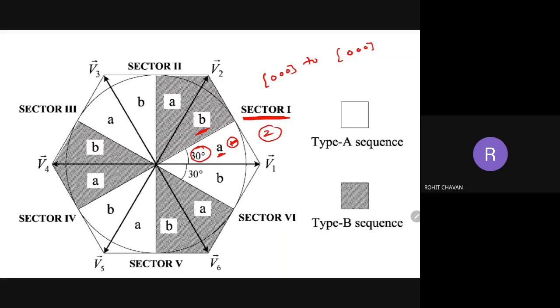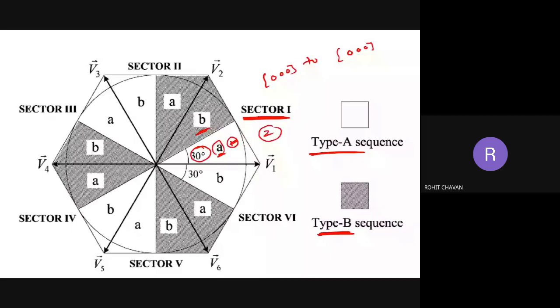In the first part, that is A, when it is 0 to 30 degrees, we have to use one switching sequence, and in the second part we need to use another switching sequence. So we defined two switching sequences, type A sequence and type B sequence.